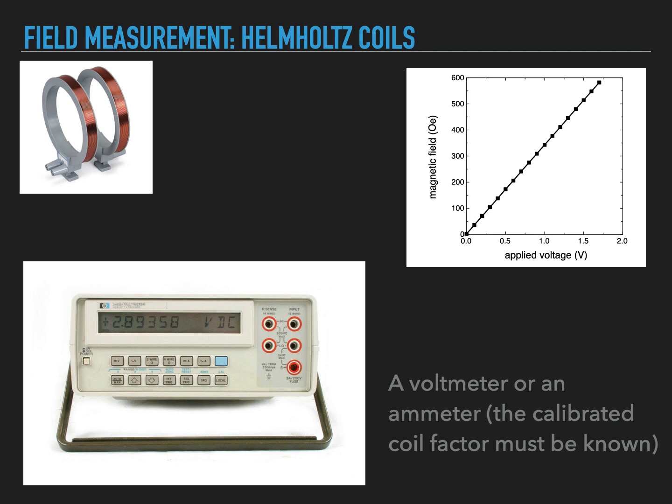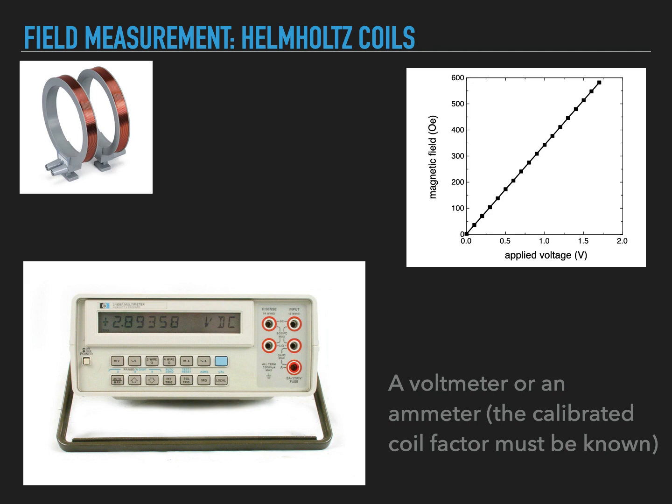Helmholtz coils are much easier to deal with because they are linear. So you just need to know the current that flows through the windings in order to know the applied magnetic field. Of course, this is true only if the temperature is kept sufficiently constant.